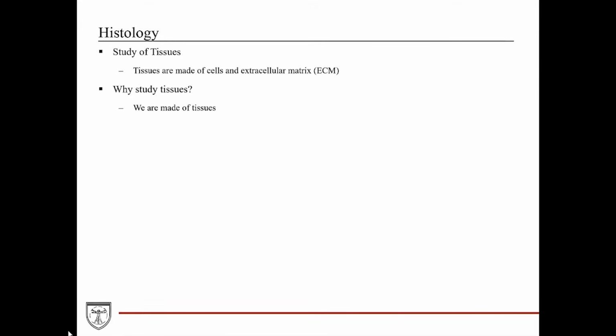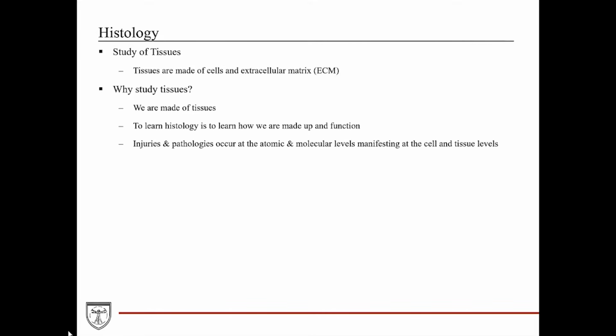Histology is the study of tissues. And what are tissues made up of? It's surprisingly simple. They're made up of cells and extracellular matrix, or ECM. That's it. So why should we care about tissues? Well, we're made of it. And to learn histology is to learn how we are made up and how we function.